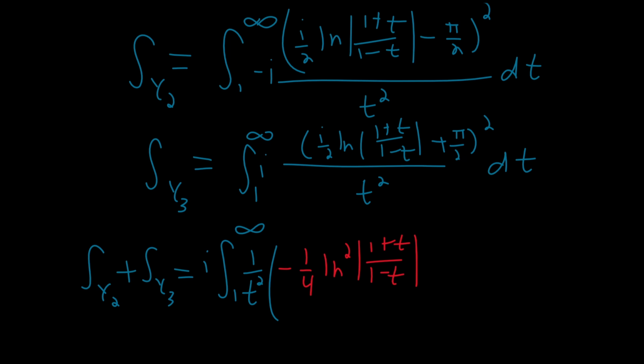And then doing the other term, we're going to have a plus pi squared over 4. And then we're going to have a plus 2 pi i over 4, but we can simplify that to just pi i over 2, natural log of the absolute value of (1 + t)/(1 - t).